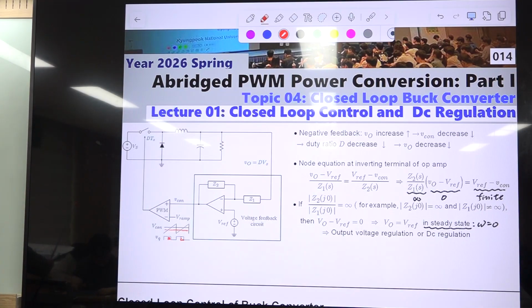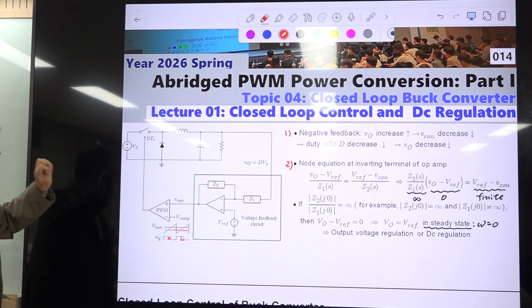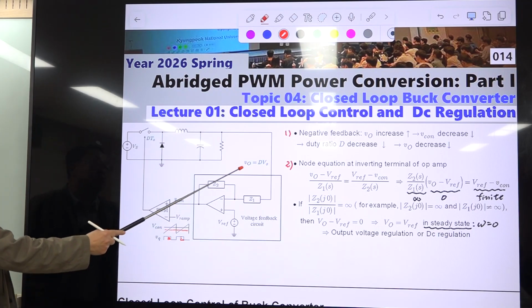One is the negative feedback feature, and the other one is output voltage regulation. For the time being, we assume the converter is in CCM. It really doesn't matter, but CCM is easier to understand.